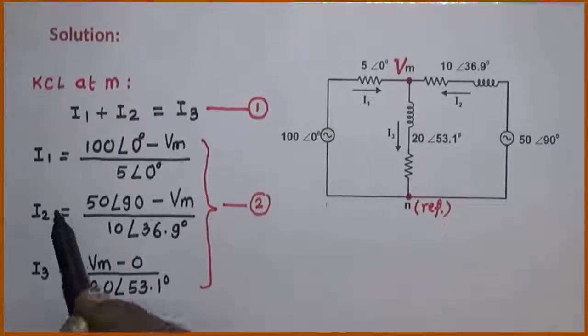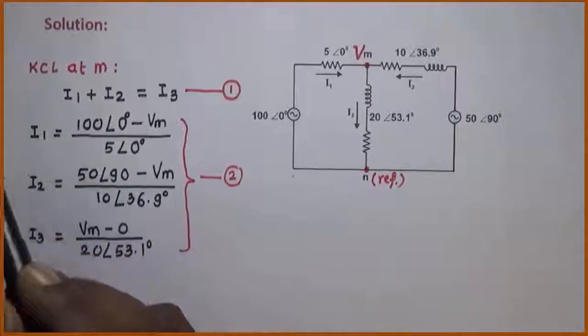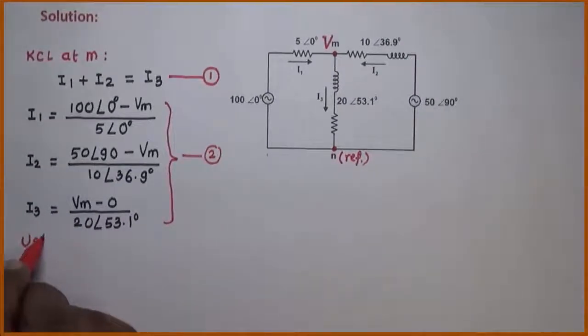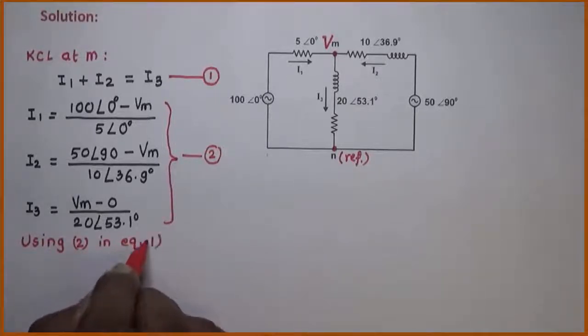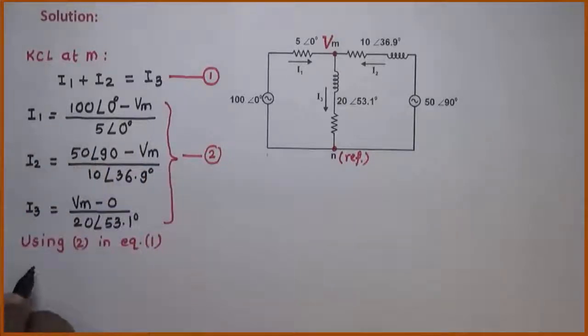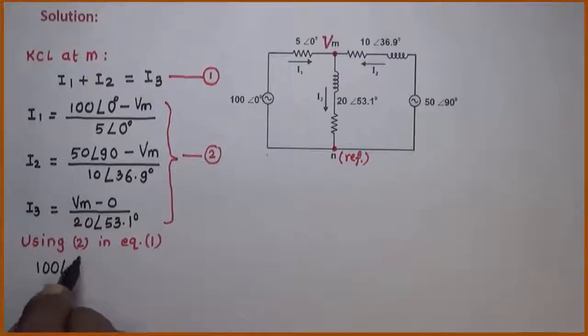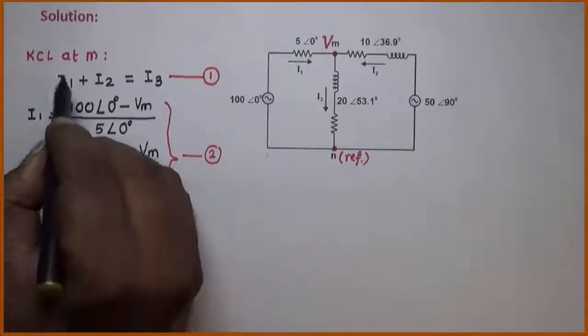Let us now put values of I1, I2, I3 in equation 1, that is using 2 in equation 1. I1 is 100 angle 0 minus Vm divided by 5 angle 0 degree. This is the value of I1.